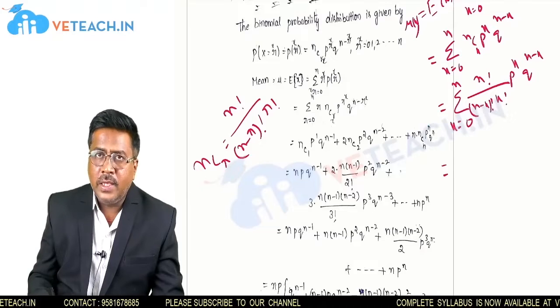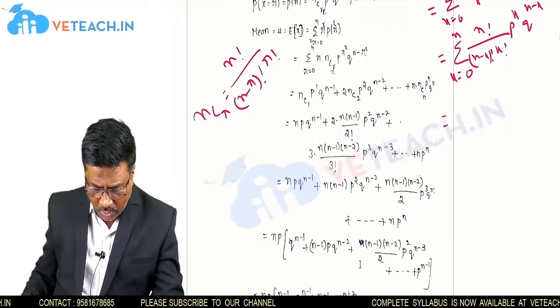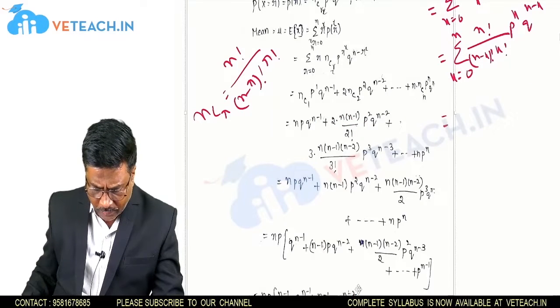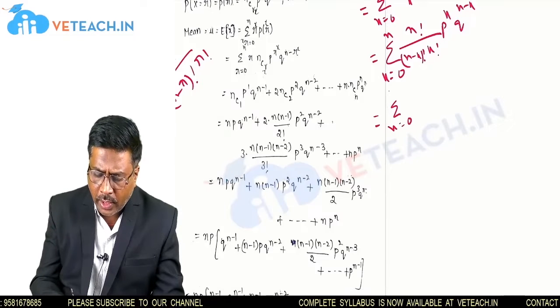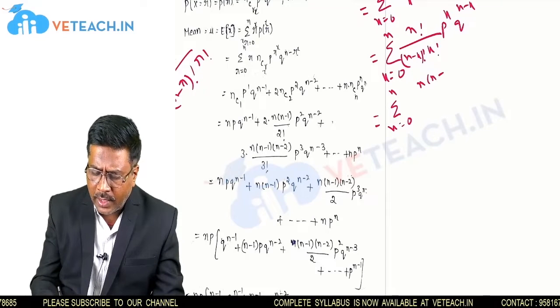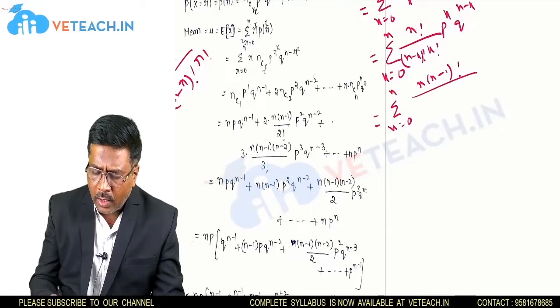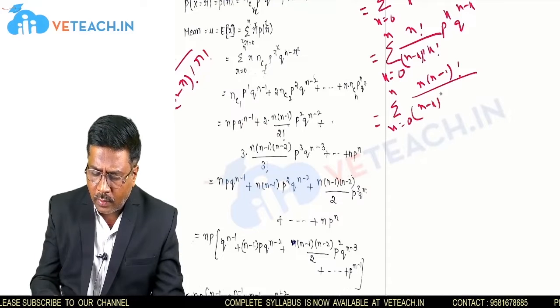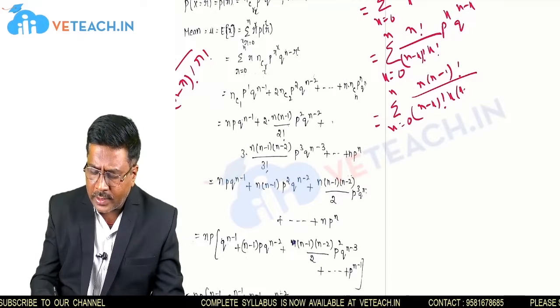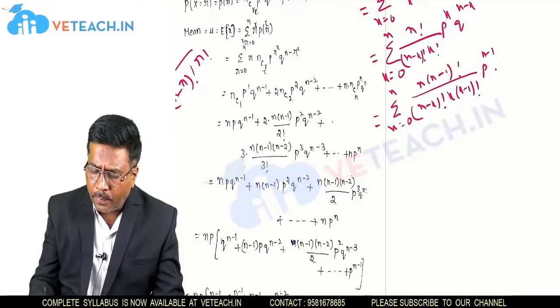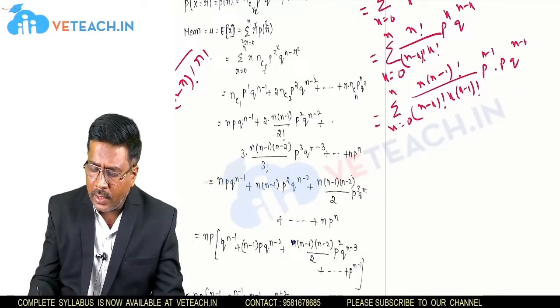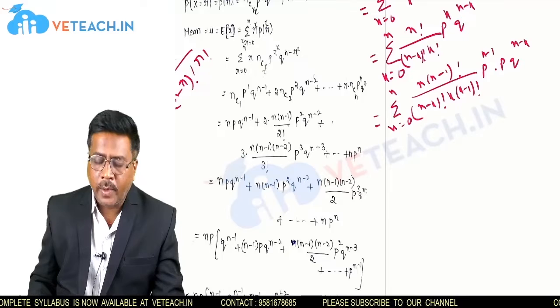Now I have to expand this one step forward. So this is n into n minus 1 factorial by n minus x factorial into x minus 1 factorial, into p to the power of x minus 1 into p, into q to the power of n minus x. Will you catch my point?